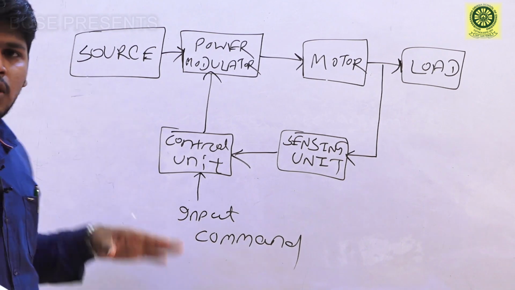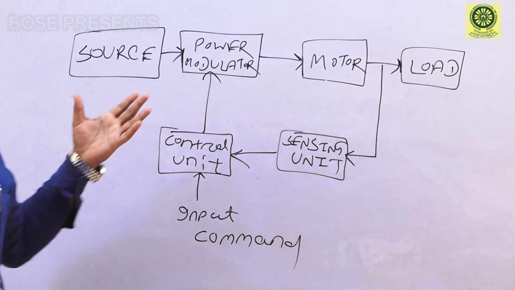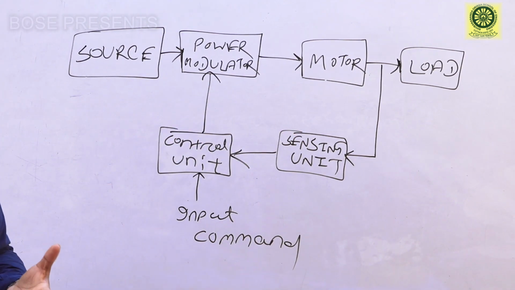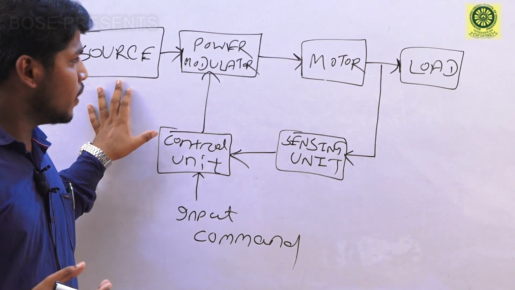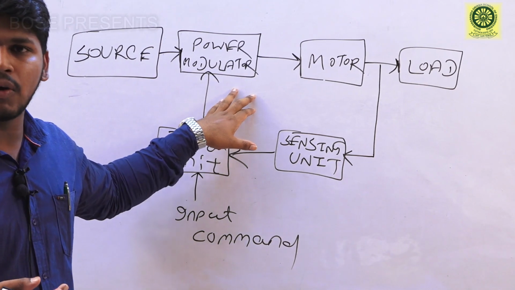The source means the power supply to the motor. The power supply can be AC or DC. Now the power supply is provided to the power modulator.